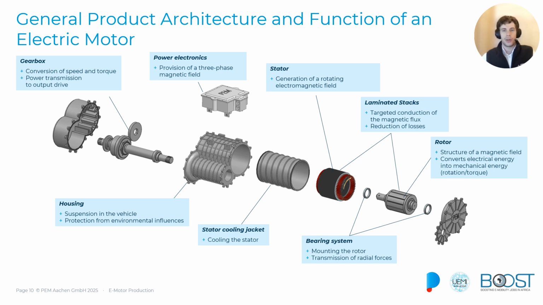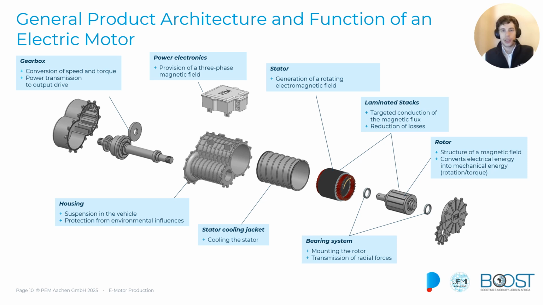Both are built as a laminated metal sheet stack, which reduces the magnetic losses. We see some kind of cooling jacket, and we typically cool with oil or water. All of these parts are built into a housing.